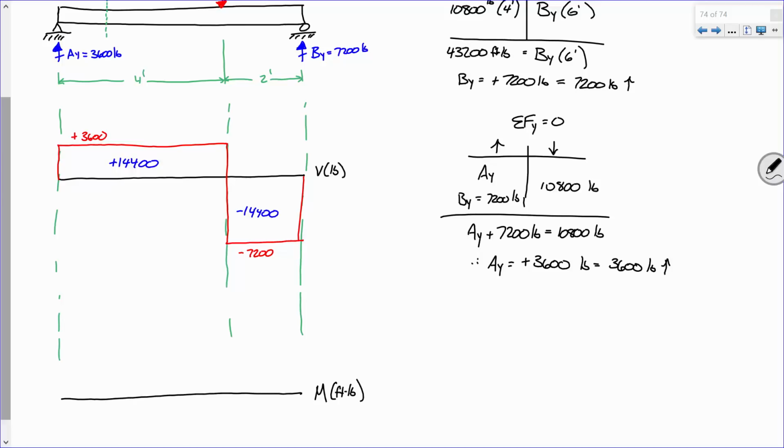So how do I draw the moment diagram? What's it look like from here to here? Some straight line, yep. And from here to here, another straight line. So, moment diagram goes up and goes back down.